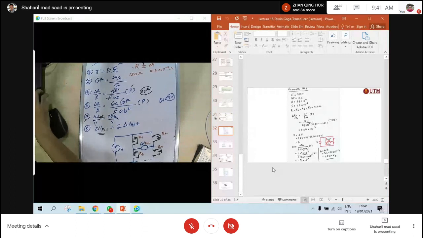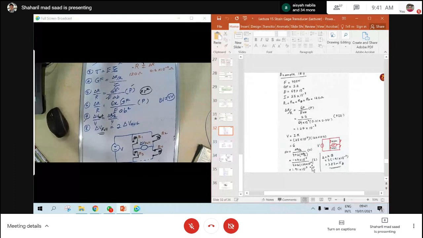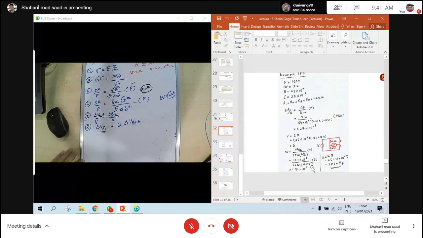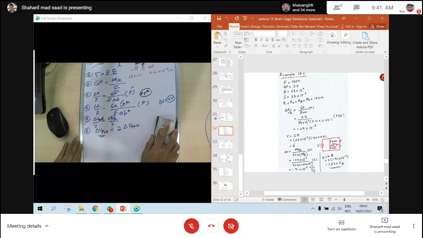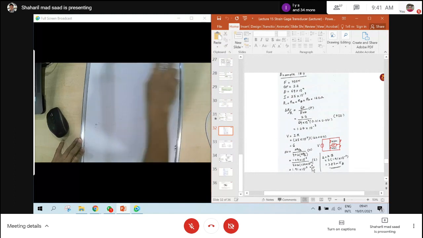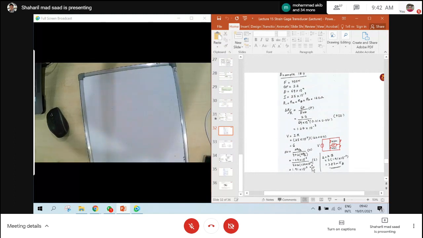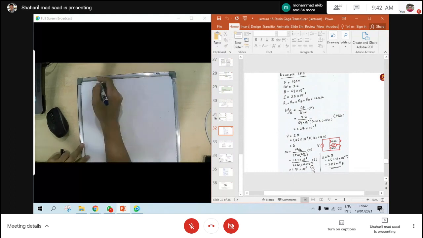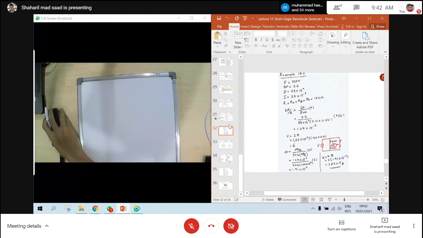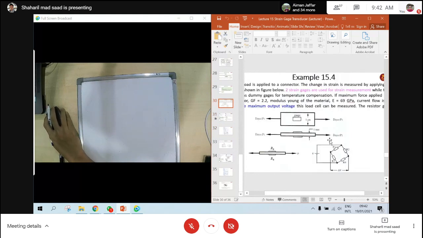So what you can do is, I very much like to use this formula. Right now, example 5.4. This one is like your load cell, if you look carefully.